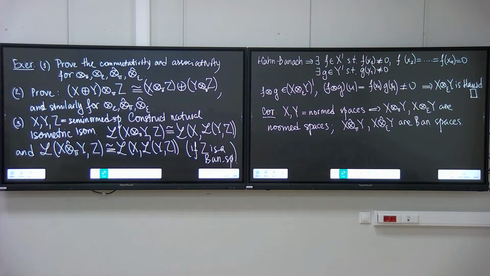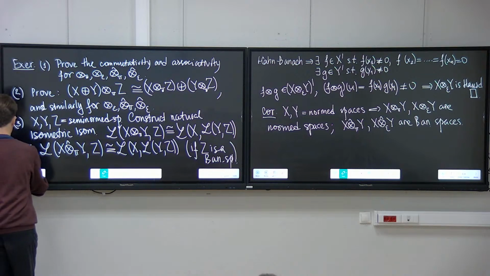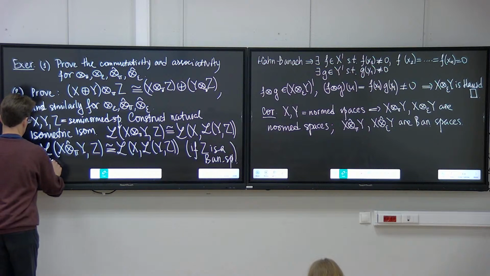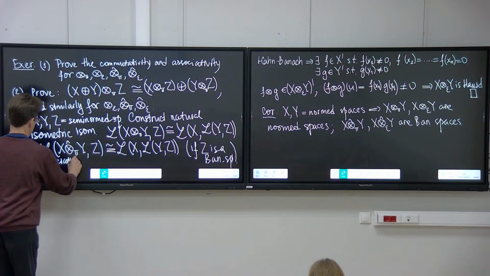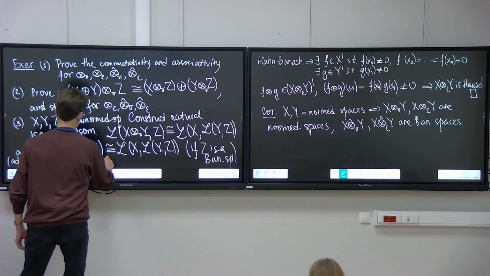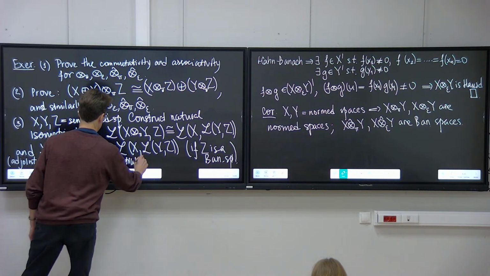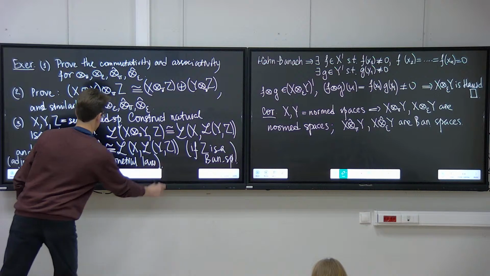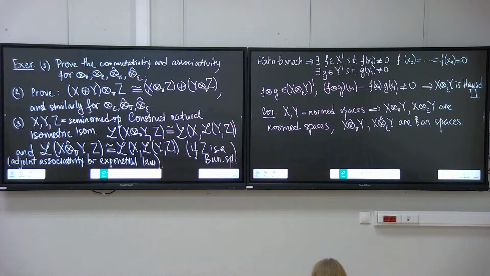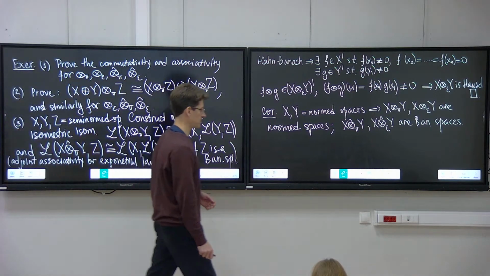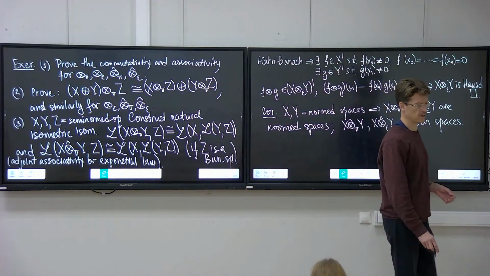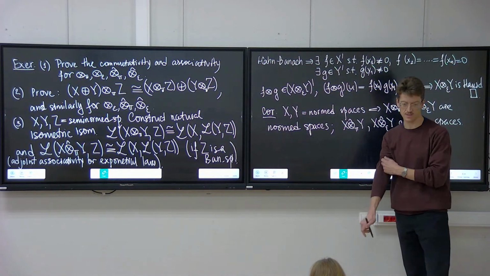Such isomorphisms are usually called the adjoint associativity or the exponential law. Unfortunately, such isomorphisms don't exist in the case of arbitrary locally convex spaces.